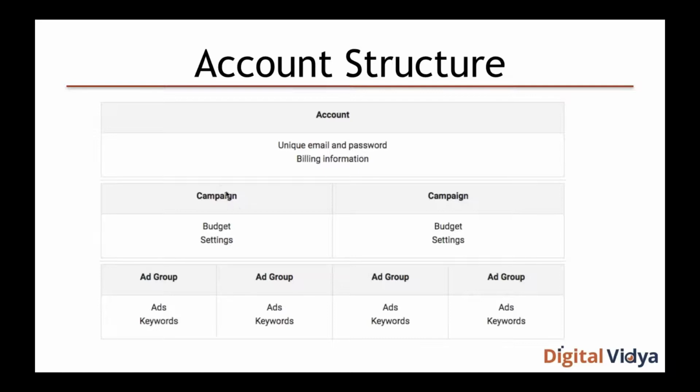Then within the campaign, I have to create ad groups, right? A campaign is broken into ad groups, and every ad group is a collection of keywords and at least one ad. Essentially, you will see what the main categories of your business are. I will go to the examples also, but first let's understand: what are the categories of business, how you can segregate your business and say this is one part, this is a second part, and so on.